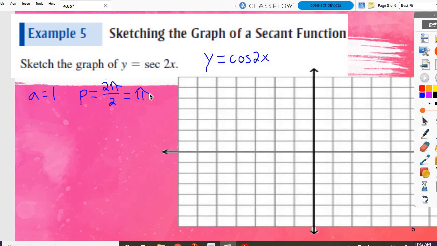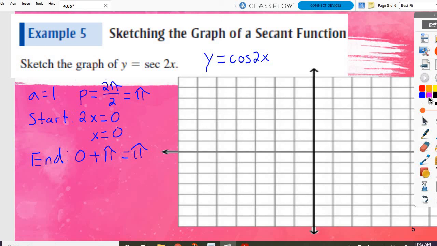We don't have any phase shifts, but we could go ahead and set our insides equal to 0. So we do end up starting at 0. And then to find our ending spot, remember we take our starting spot, add the period, so it will be at pi.